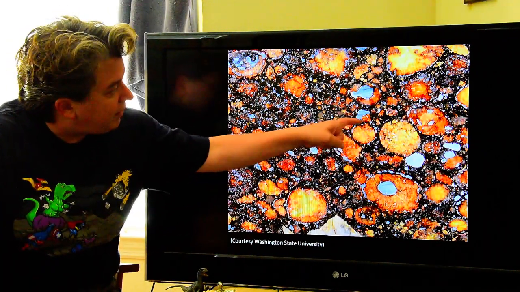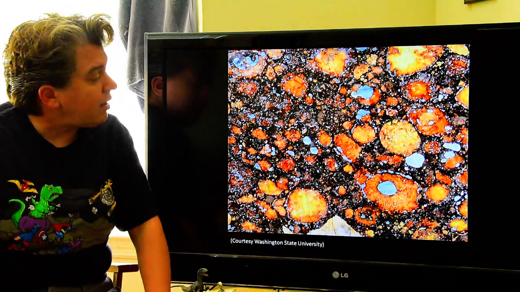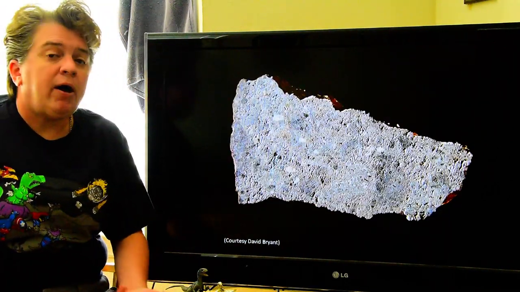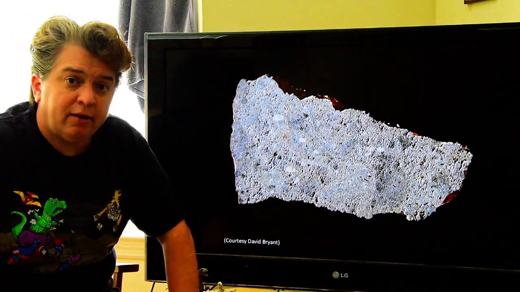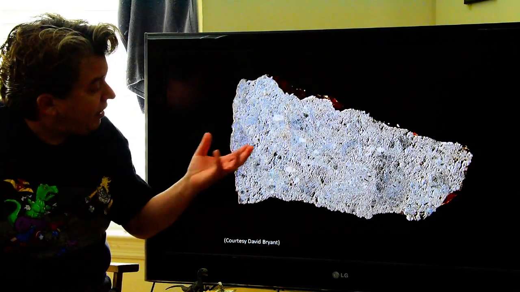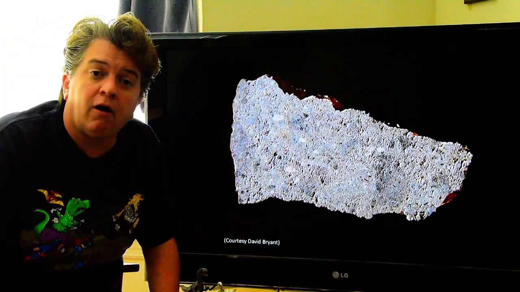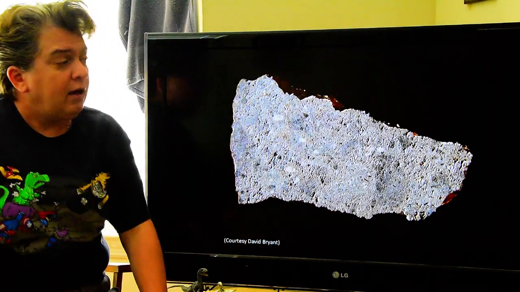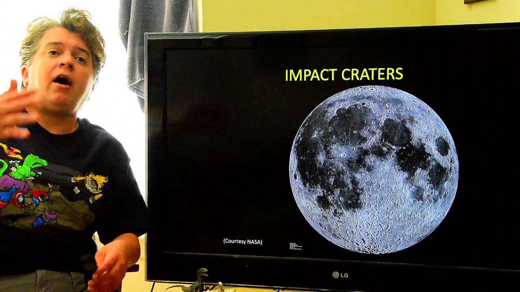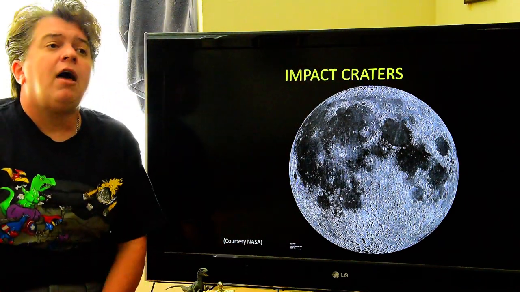And we also have these nice little spherical chondrules in there. But you can have achondrites, where we don't have those nice little spherical chondrules in them. And these basically just look like a chunk of the volcanic rock basalt. So those are some of the different types of meteorites that we have on Earth.